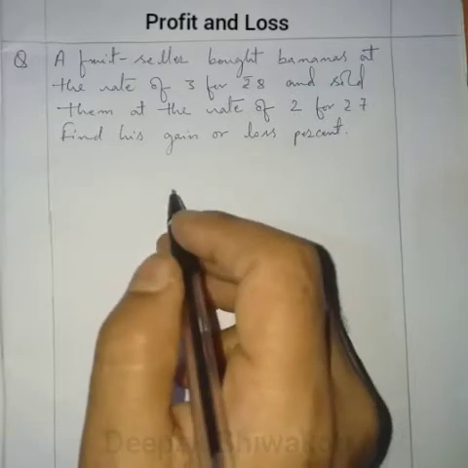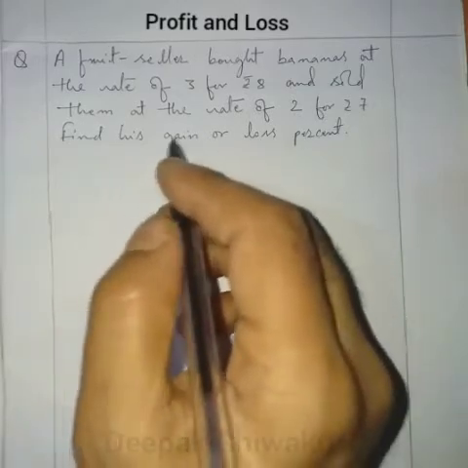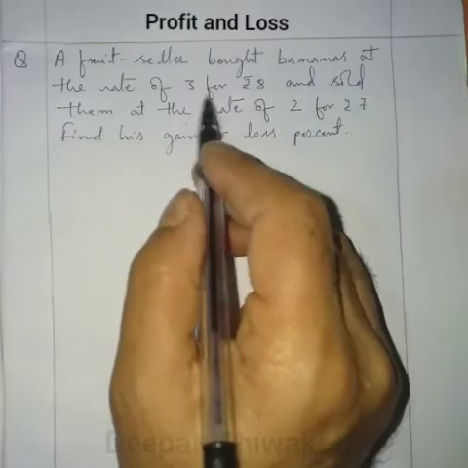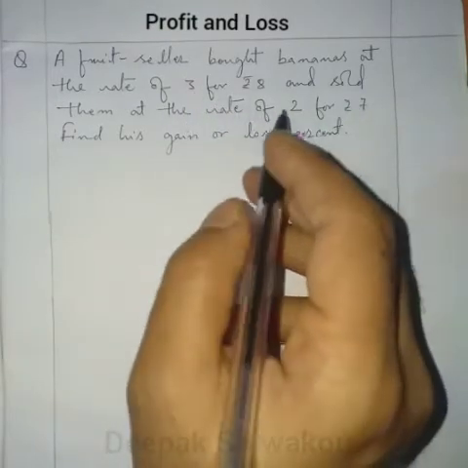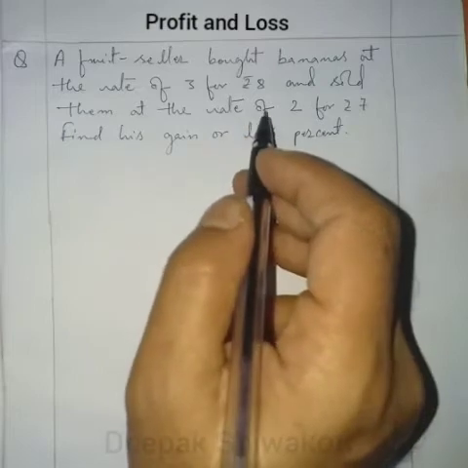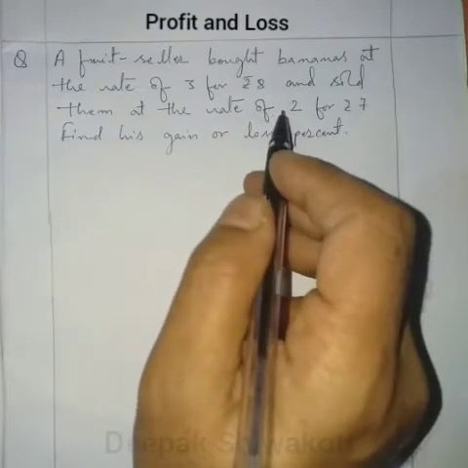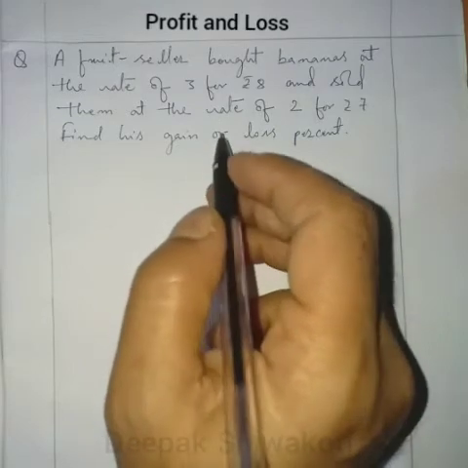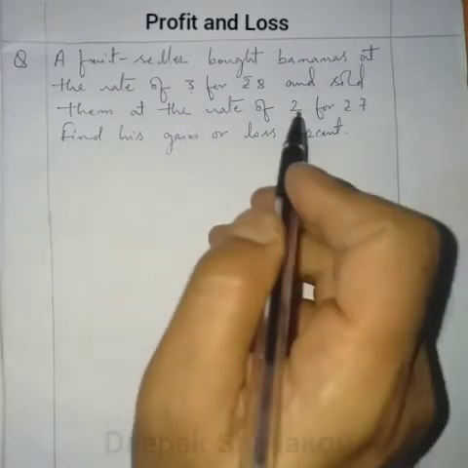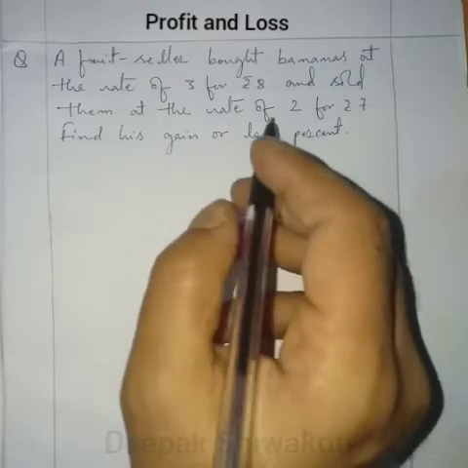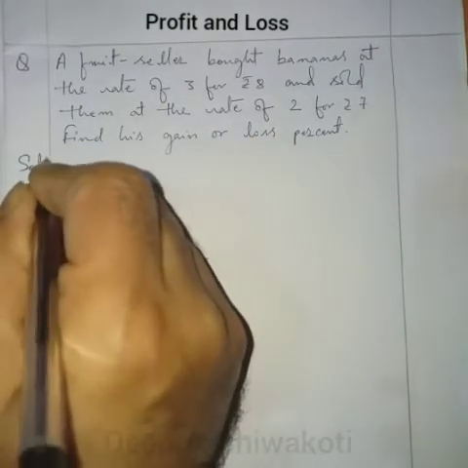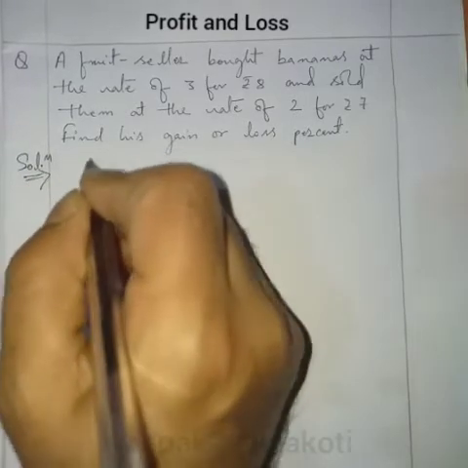So here as we have seen 3 for rupees 8 and 2 for rupees 7, the common quantity is not there. To make the common number of quantities for buying and selling, first we'll take the LCM of 3 and 2. So let us find, this is the solution.